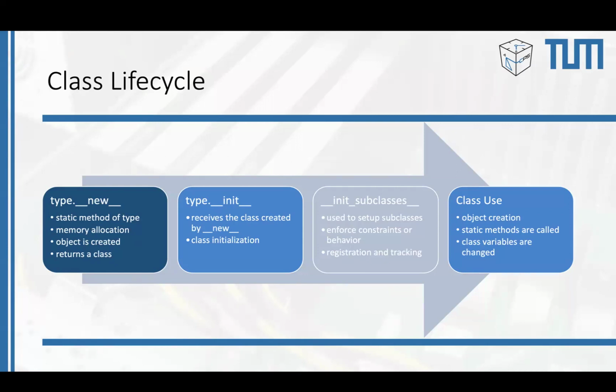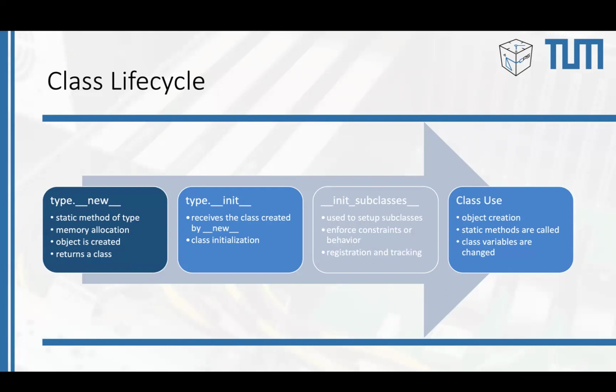So when you create a class, you write class User and everything else that is inside, what happens really is that the type superclass, let's call it metaclass, which is what it is, type is going to be called with new, and it's going to allocate memory for that class. Because again, a class is an object, so you can use it as an object. And it will allocate memory, it will create the object itself in memory, and will return a class object.